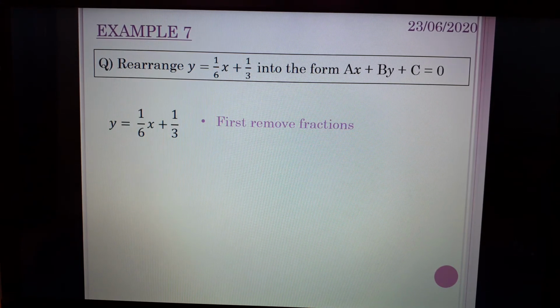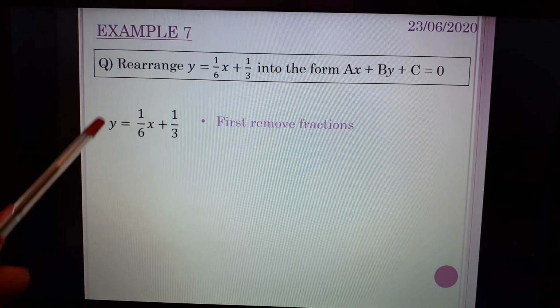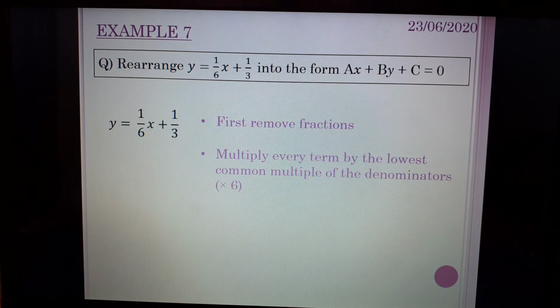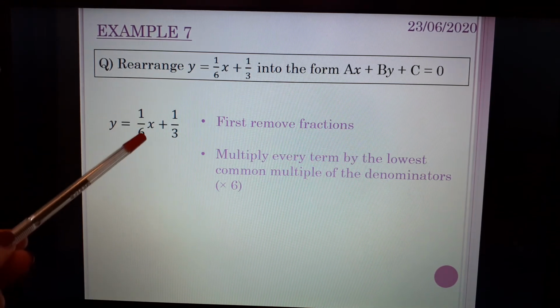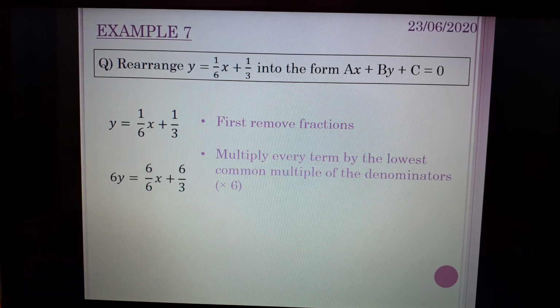Okay. So first thing, we also do not have any fractions, so we have to get rid of the fractions. Okay, so to do that, we're going to multiply every term by the lowest common multiple of the denominators. So we're going to have to multiply everything by 6, and then that will get rid of the fraction there, but also that will get rid of that fraction there.